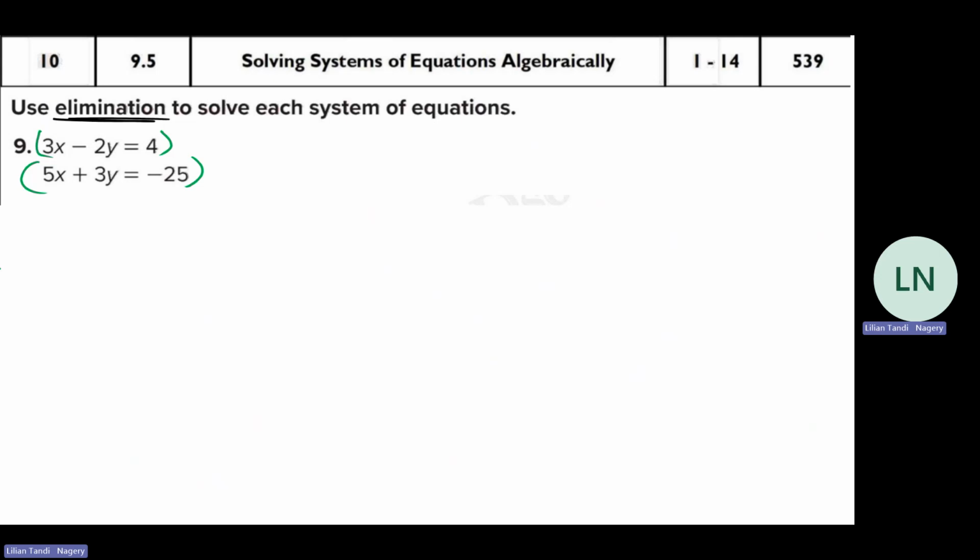You choose the variable that you want to eliminate. Eliminate the variable you want. So me, I'm choosing to eliminate x. So I change my coefficients. I will multiply here with the second coefficient. I will multiply here with the first coefficient. I will do distributive property.